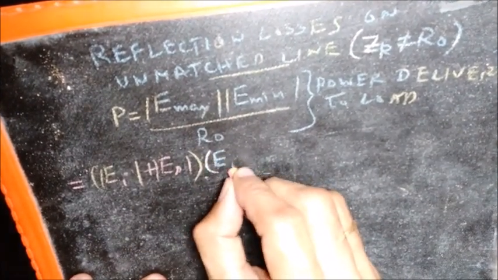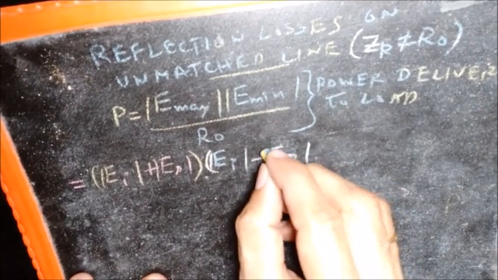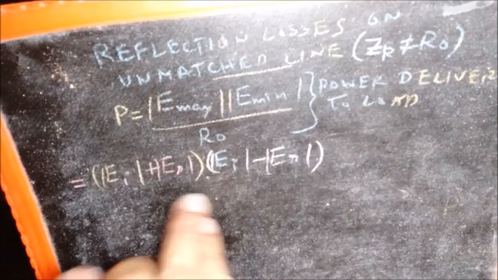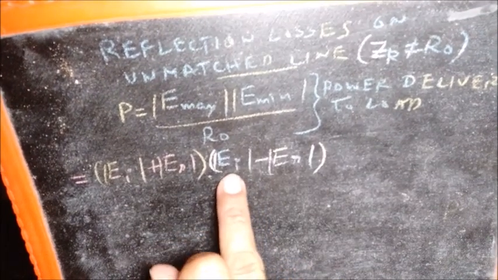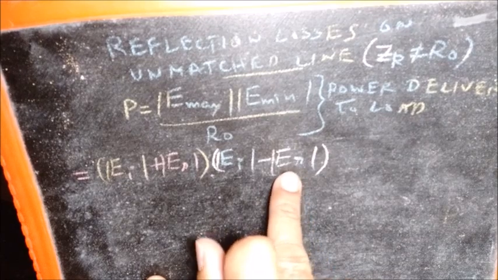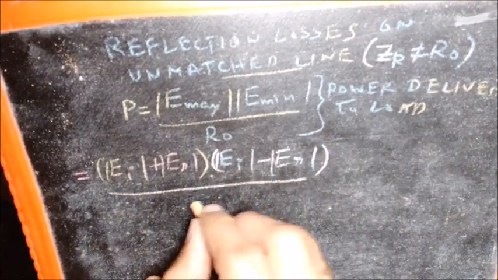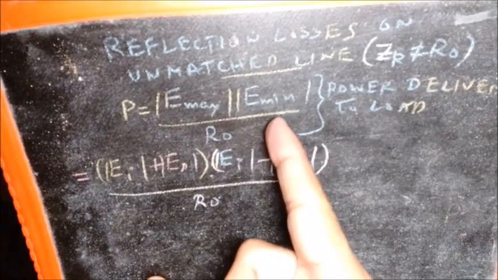And we get E min, that is the minimum value of the voltage waveform on the transmission line when the incident voltage waveform's amplitude and the reflected voltage waveform's amplitude are not in phase, divided by R naught. So we can write the power delivered to the load as equal to this, because it is E max E min by R naught.